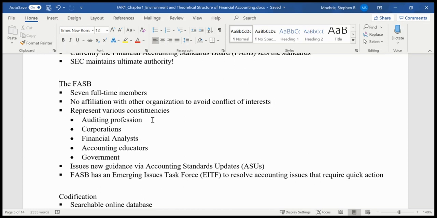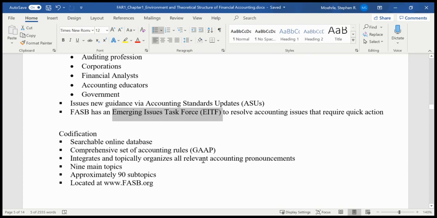The ASUs are developed in a very deliberative process, a very impressive deliberative process. We'll talk more about that. So it takes a while. Hence, there's an Emerging Issues Task Force if something needs to happen really fast. And then the Financial Accounting Standards Board will take it up on a future agenda item.